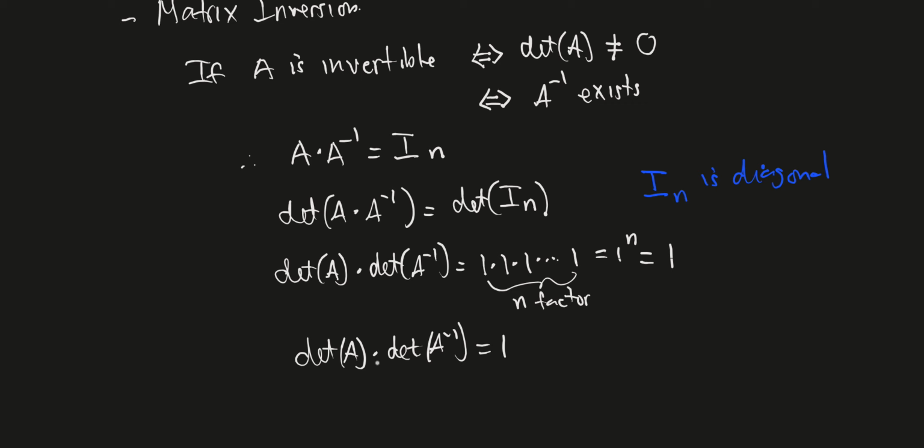So I can divide both sides by the determinant of A. So the determinant of A inverse is equal to 1 over the determinant of the original, right? So we have this, right? And this is how the determinant of the inverse of the matrix is related to the determinant of the original. It's by the reciprocal, right? And this, again, is a very important property, right?